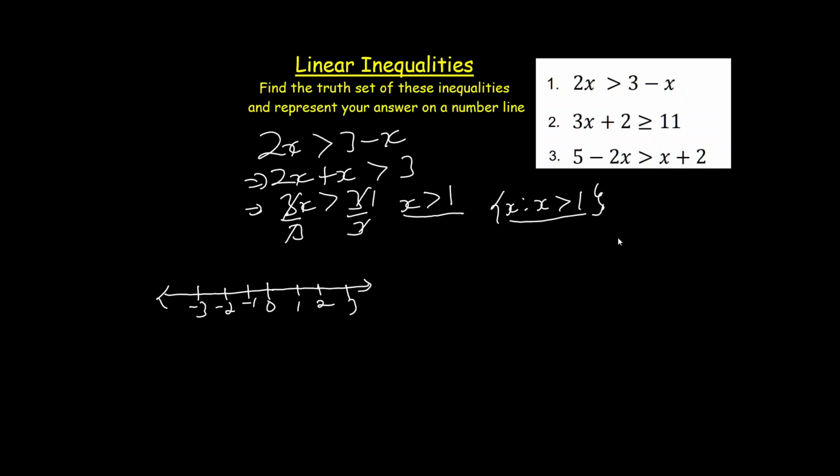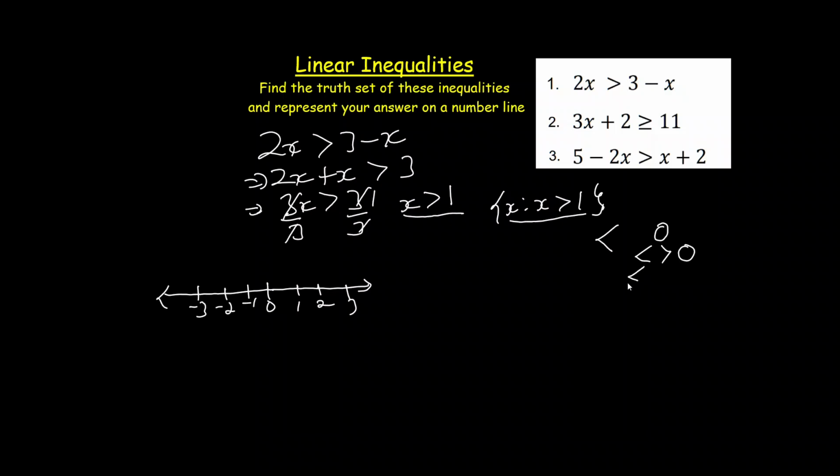But if the sign was facing the other way, or if it was less than, we would have drawn our arrow to the left. And also, if there's no bar or line under the sign, we just draw an empty circle. So if you have less than or greater than, you just draw a faint circle.